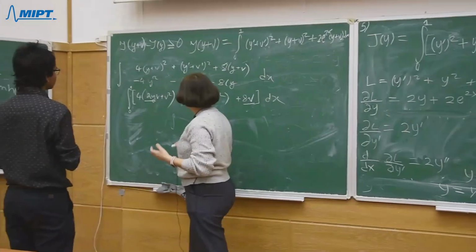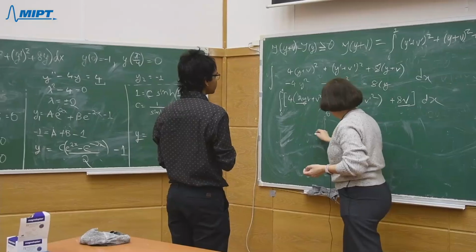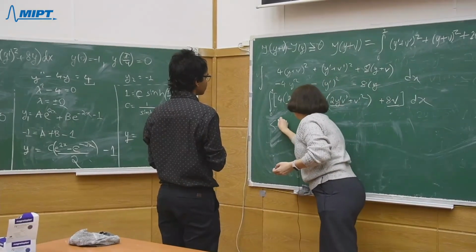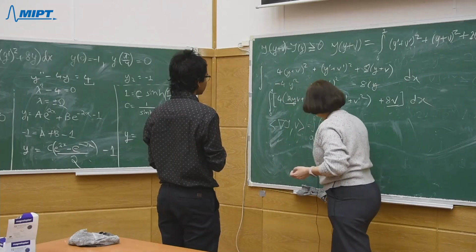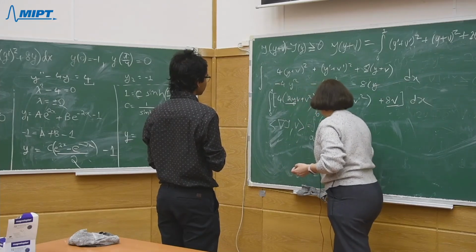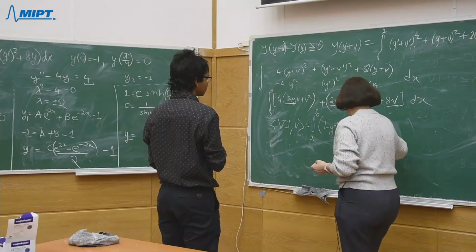So we have the following. Nabla G and V is actually equal to the integral of Ly times V plus Ly prime V prime dx.